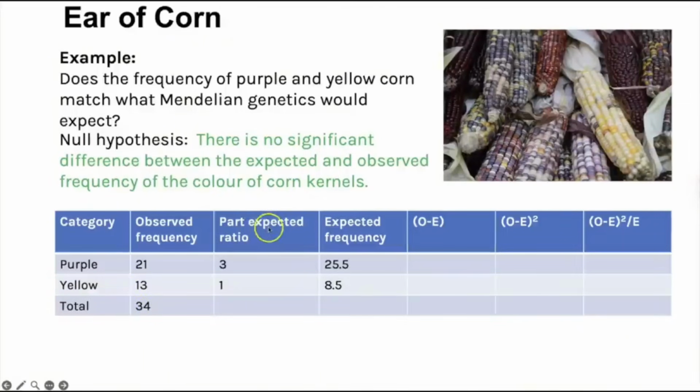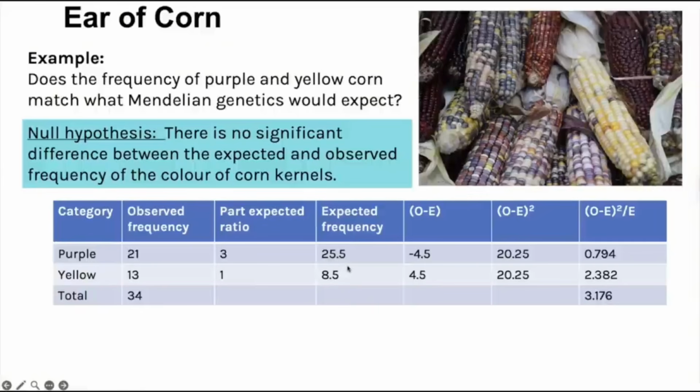We said we expect a 3-to-1 ratio, but we need to turn that ratio into frequency. So that means we need to know what 75% of 34 is and 25% of 34. And I've calculated that here. O minus E is your observed frequency minus your expected frequency.